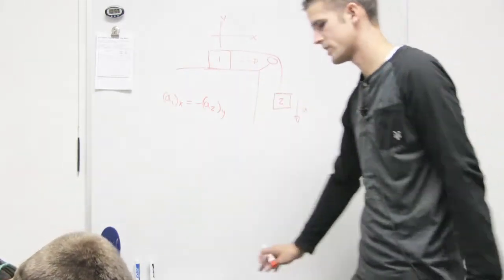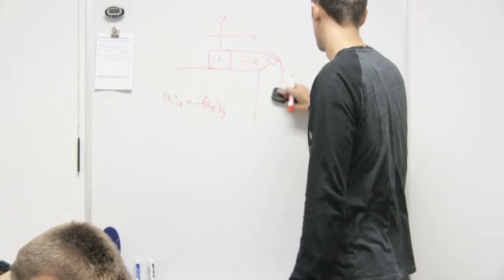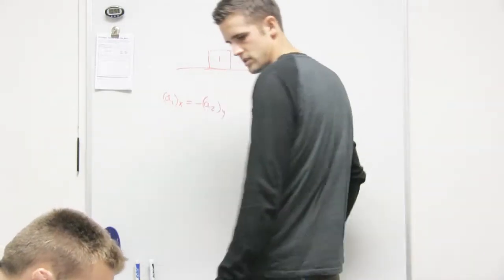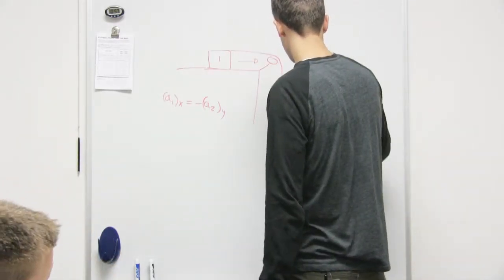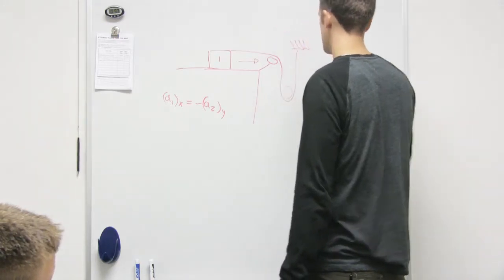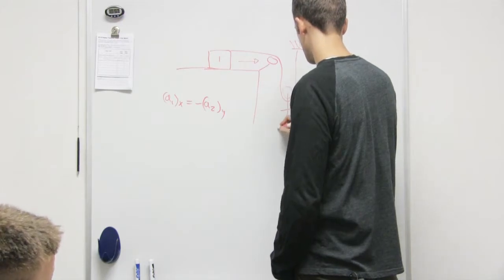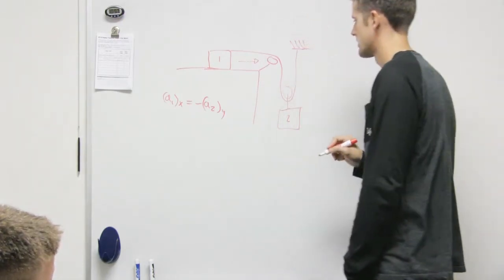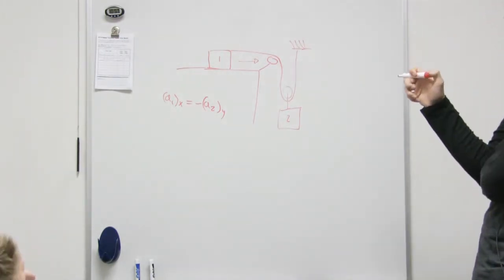But when you go into this last one, it's a little bit different. You've got a pulley down here, and this goes up to a fixed place, and then block 2 is hanging from the pulley. So will they move at the same rate now?